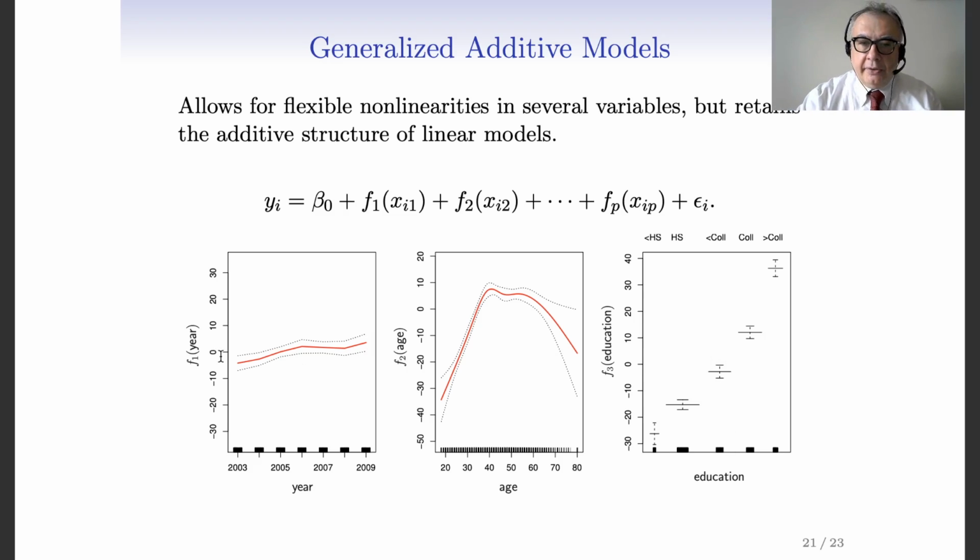Okay, you can see that these are nonlinear functions, but you can also introduce confidence bands, which is also useful because in this way you can understand how strong is the effect of one feature on the response.